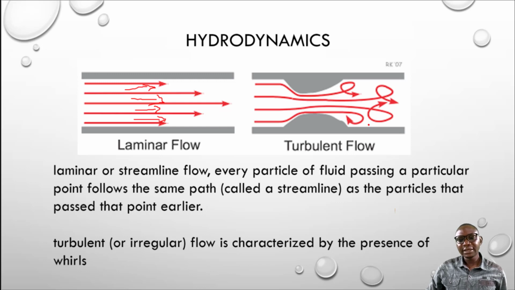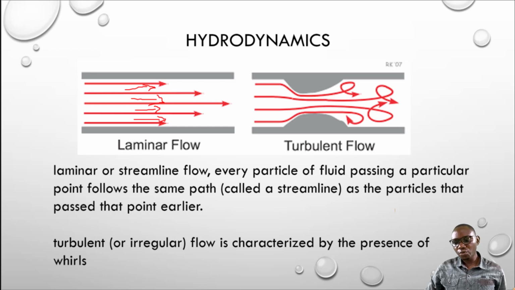On the other hand, if there is a random movement in the flow of fluid, we say such movement is a turbulent flow. To explain this better, when there is a sudden change in direction, at that point there is bound to be a turbulent movement, because there won't be a streamlined flow of the fluid.